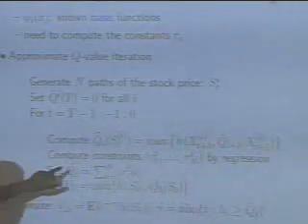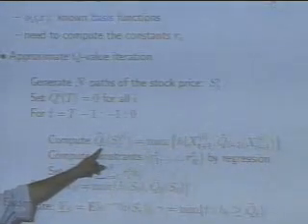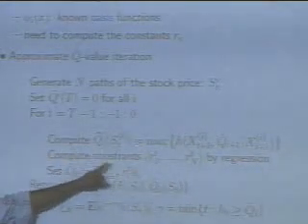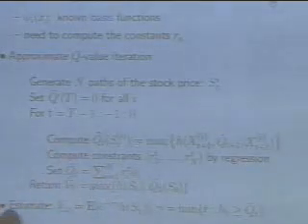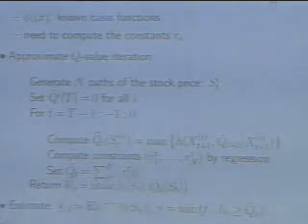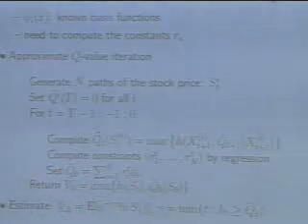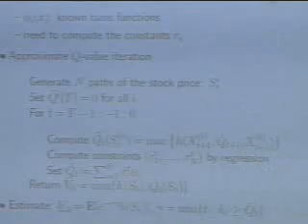This Q hat is a computation that is just done on the samples. I have capital N different values, here n is equal to 3, I get 3 different values. I take those 3 different values and compute the optimum constants by a regression procedure, which is the least squares problem. In my notes over there, I call this Q tilde, and these are all hats.